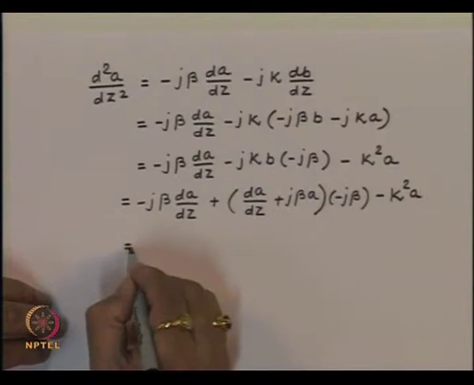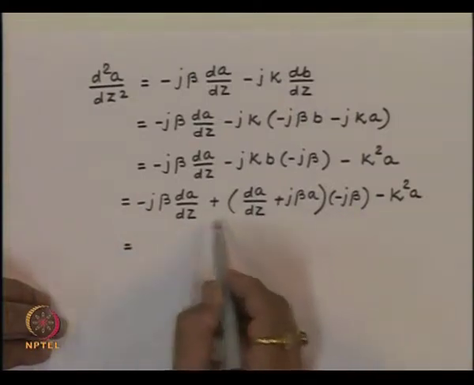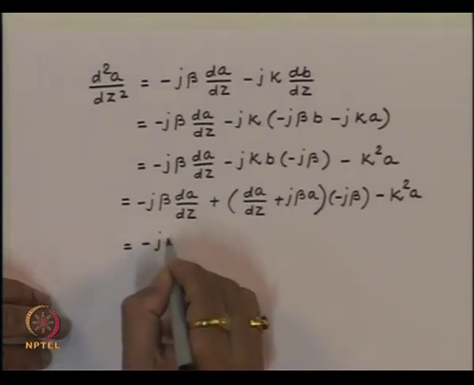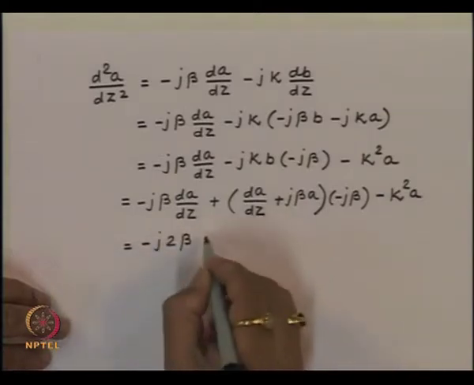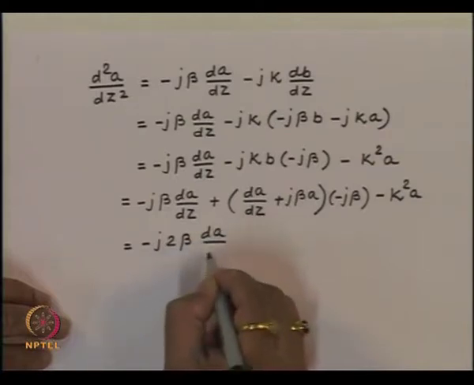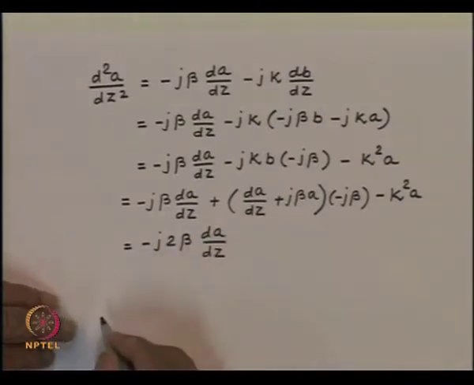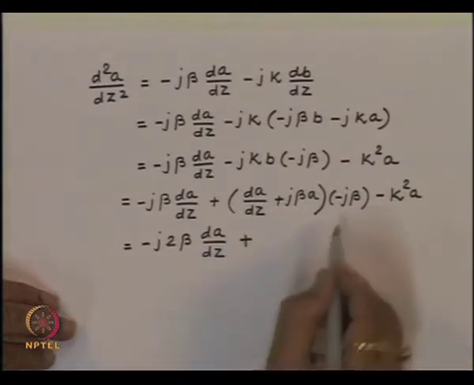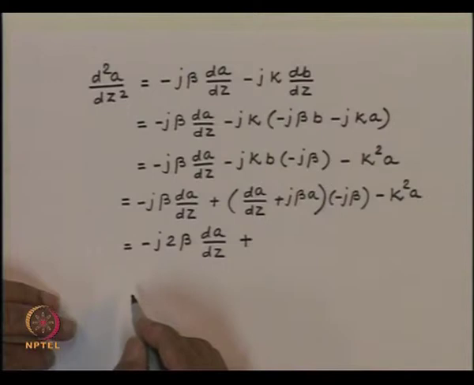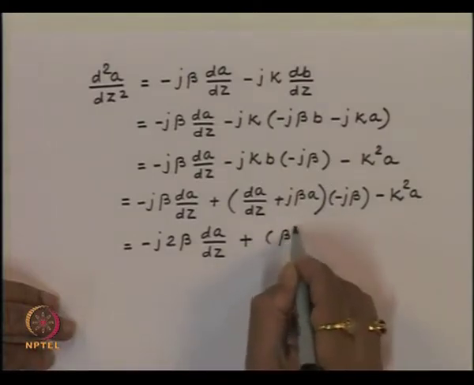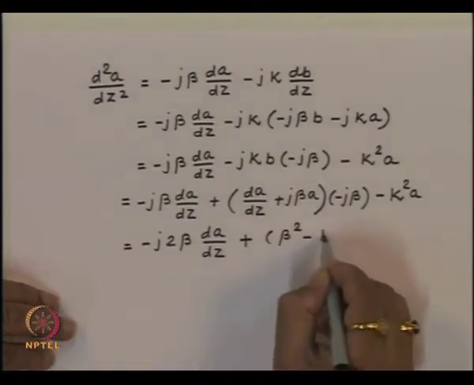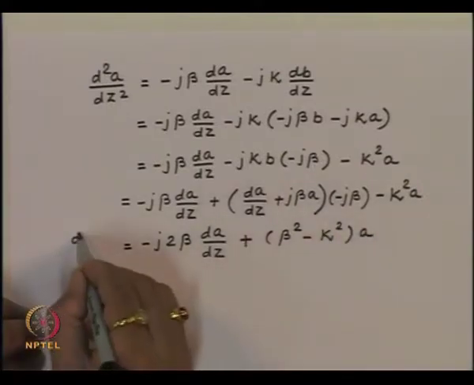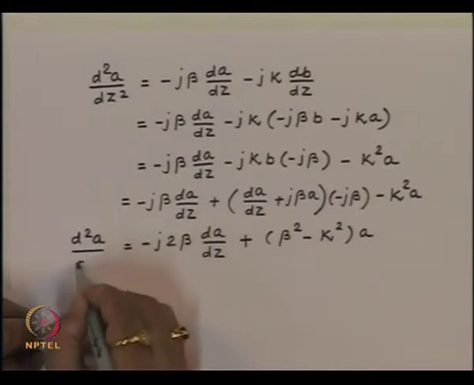Simplifying this term here, minus j beta dA by dz can be combined with this. So, you get minus j 2 times beta dA by dz plus this gives plus beta square. So, this is beta square minus k square A, that is d2A by dz square.